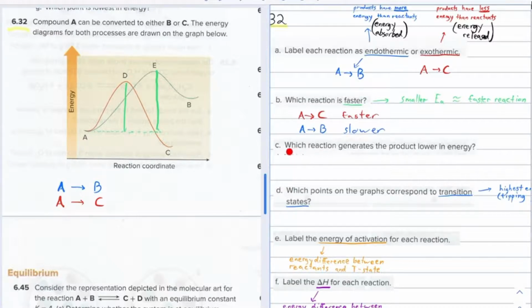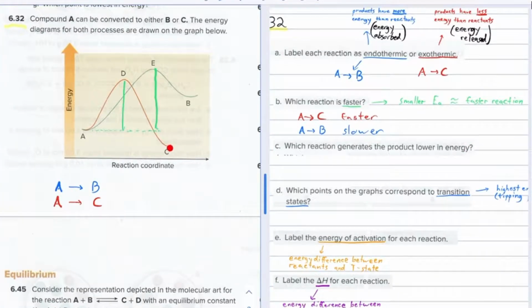Okay, question C, which reaction generates the product lower in energy? Well, here are the two products. The products are either B or C. So you can see B has higher energy and C has lower energy, okay?